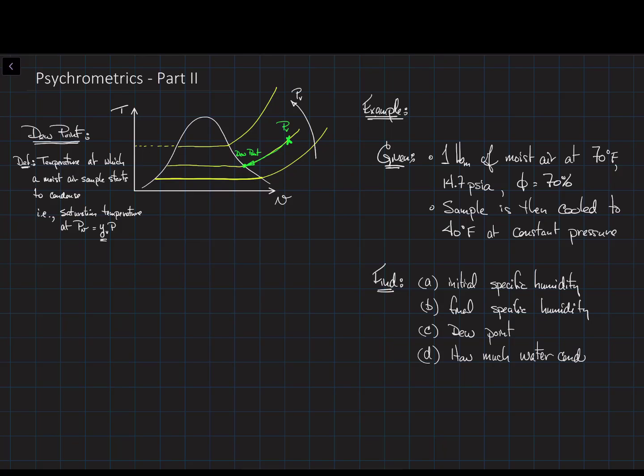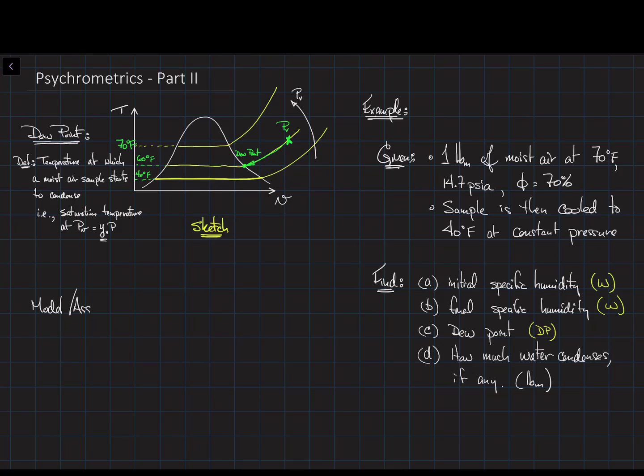And some of the questions that we're interested in figuring out on this moist air mixture is: what is the initial specific humidity? Remember, we defined that last class in part 1, also called the humidity ratio. The final specific humidity, the dew point, and how much water condenses, if any, in the process of cooling the sample from 70 degrees F to 40 degrees F. Okay, so recall that this specific humidity is denoted by omega, so I'm putting that down here.